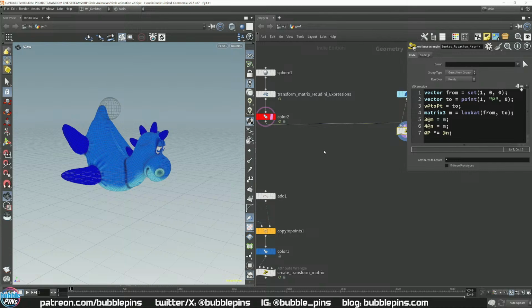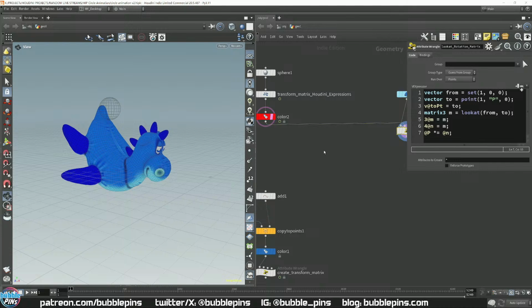We put sine waves and cosine waves in the x and y, and it resulted in this ball, let me color this red, going in a circular animation path.